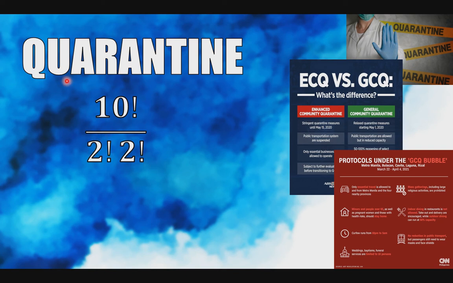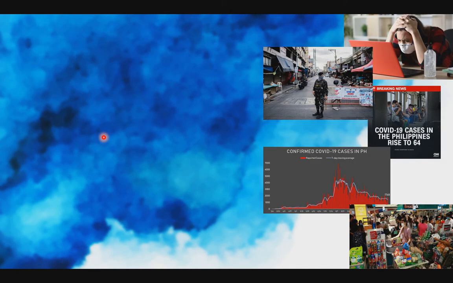Pwede natin isulat yung 1 factorial, pero equal lang naman yun sa 1 kapag imultiply mo. So, ang importante lang yung mga umuulit na letter. So, makukuha natin sagot dyan is 10 factorial over 2 factorial times 2 factorial is 907,200.